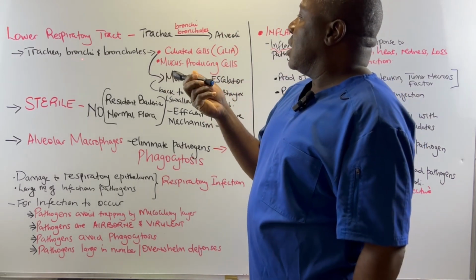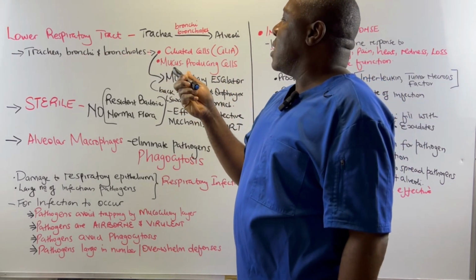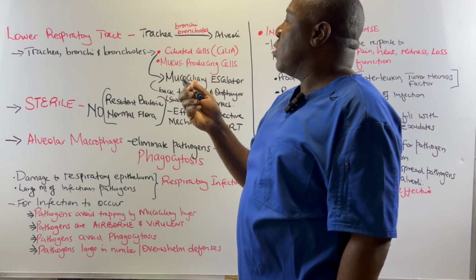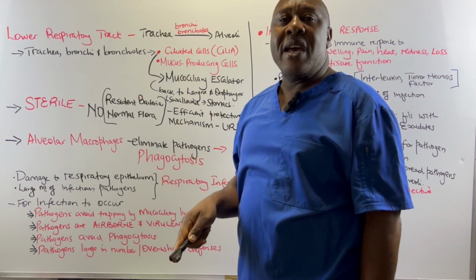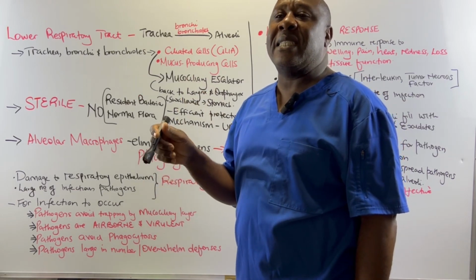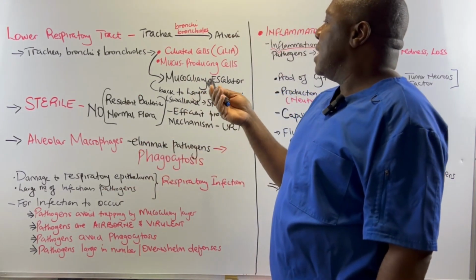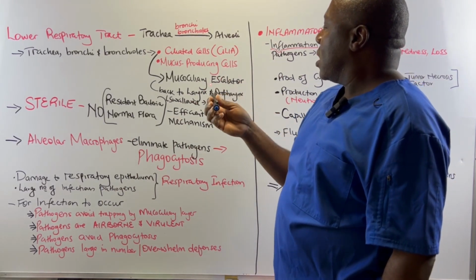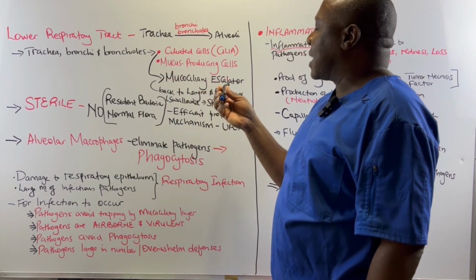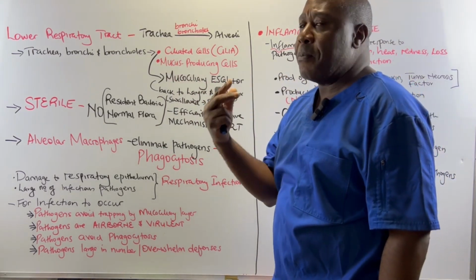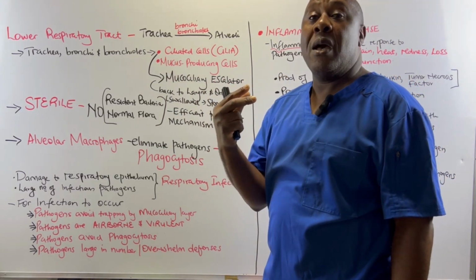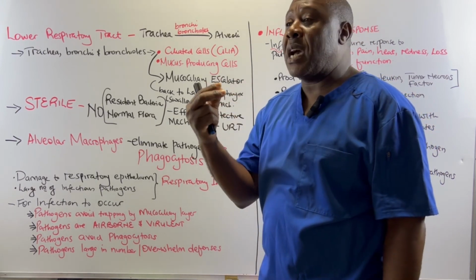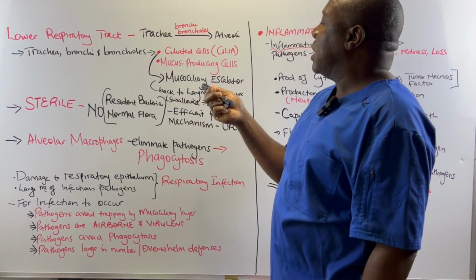Now, the trachea, the bronchi and the bronchioles have ciliated cells. Remember those cells that provide the mucociliary skeletal motion. These ciliated cells have cilia, which provide the mucociliary skeletal motion to expel those particles which have entered into the lower respiratory tract.